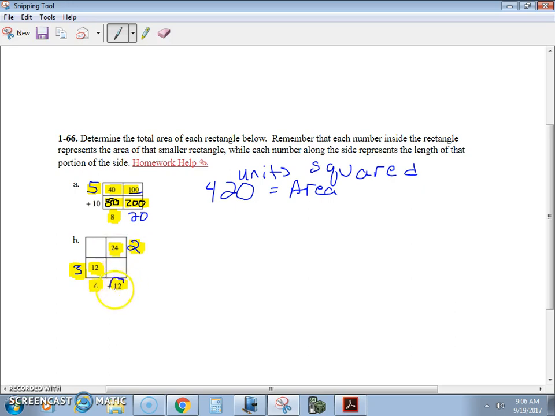Now I have 12 times 3 is 36, and 4 times 2 is 8. So 8 plus 24 plus 12, well, let's do this. 12 plus 8 is 20, plus 24 is 44, plus 36 is 80. So the area of the second one is 80 units squared.